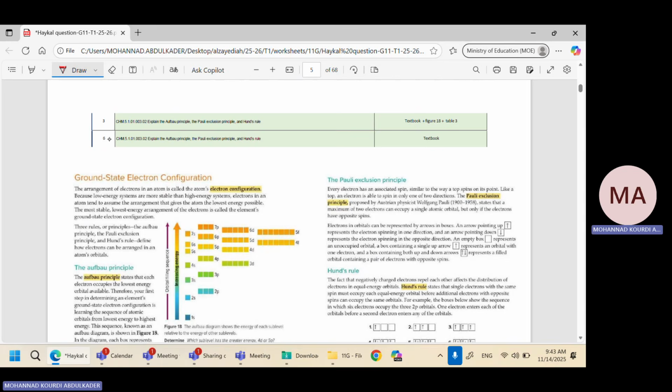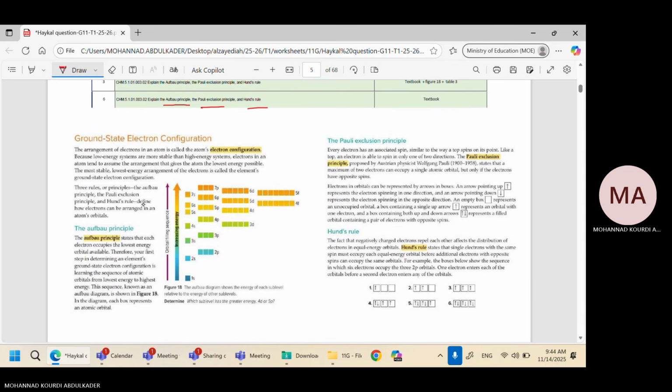Fifth and sixth questions will be upon the rules that control the electron configuration, which are Aufbau, Pauli, and Hund's rule. So, first thing you need to know is electron configuration is the arrangement of electrons in the atom, okay? Which we call electron configuration, and it is ruled by 3 principles or rules.